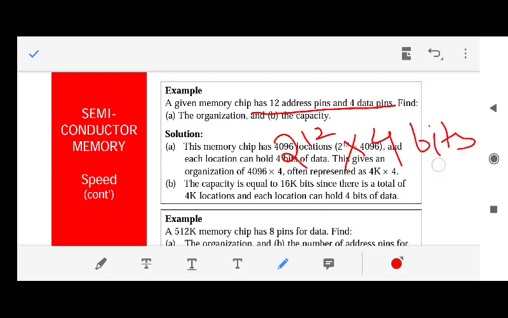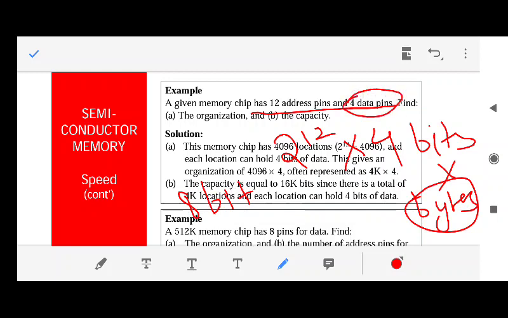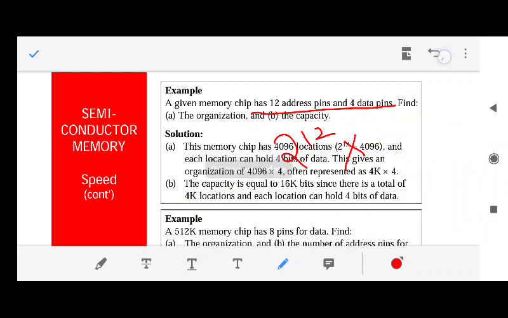Bits, not bytes. Fine. Why not bytes? Because each byte is of 8 bit, but this has each location of 4 bits, so we cannot write byte, we have to write bit. I was trying to explain this to you. I think it is clear to everyone now. Fine. Now let us move forward.